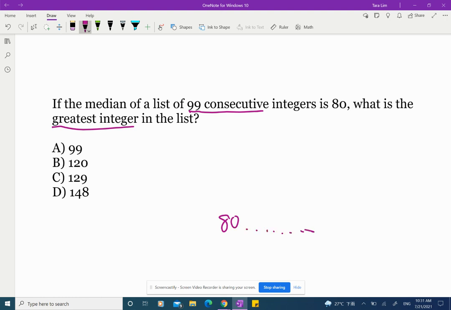Let's say I'm just going to put dots here. I'm not going to write anything. I'm just going to put dots. So these are the other integers, and this is the middle one. And it says that the list of 99 consecutive integers. So that means all of these numbers, we don't know what number they are, but all of these numbers are 99, including the 80.